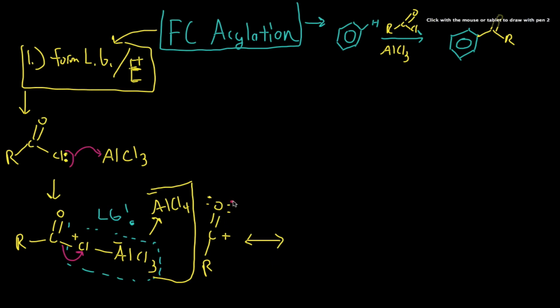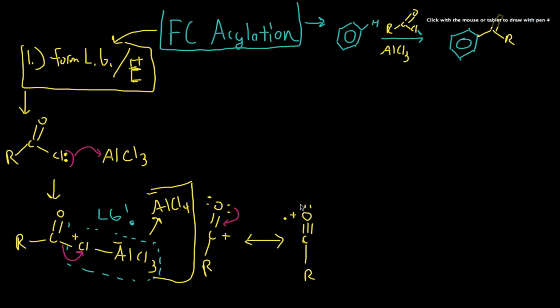Well, the major resonance structure would be to take this lone pair and satisfy my octet rule, my oxygen, and move it in there. And in doing that, I'm going to have a satisfied octet rule, but I'm going to have an oxygen atom with a positive formal charge. That should freak you out a little bit. So remember, this is what determines the reactivity. Why am I stressing this point? Because this molecule here, this is called, I think, an acylium ion, I'm not sure.